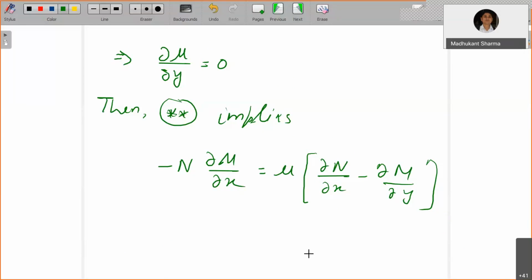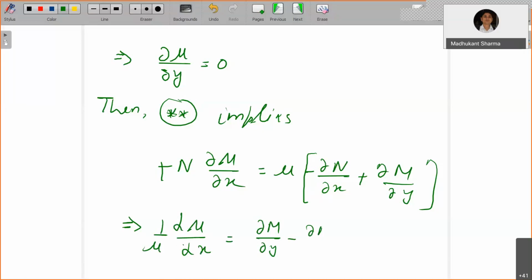I can send this minus to the other side, so this implies (d mu by dx) times (1 by mu) equals (dou M by dou y minus dou N by dou x) divided by N. I have rearranged things and now have this simplified form.